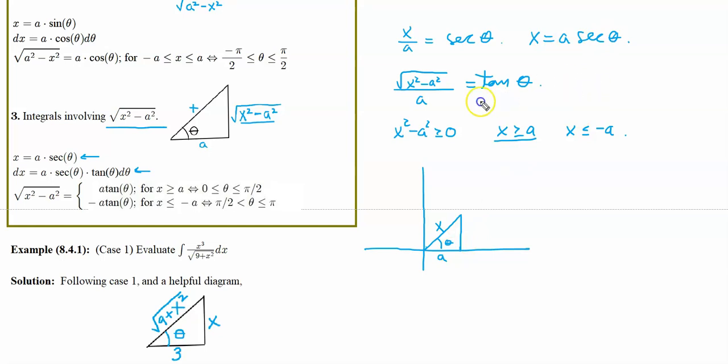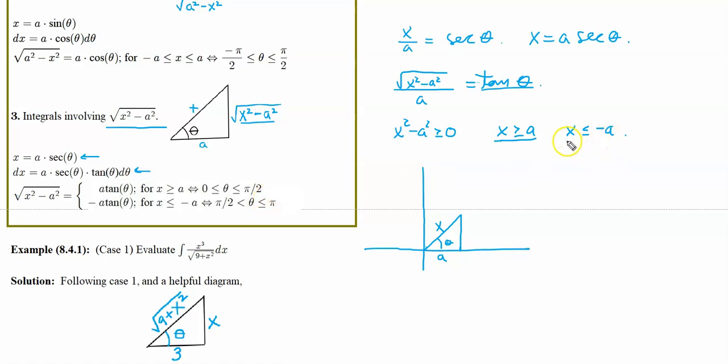Okay. And you'll notice that in this quadrant also, the tangent of theta is positive, and we want a times the tangent theta to be a positive number, which it is. So in the first quadrant here, when x is bigger than a, we consider theta to be between 0 and pi over 2.